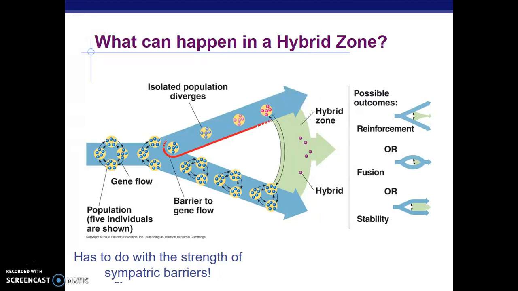That's because over the course of their separation, their genes, DNA, or chromosomes have become so different from each other that when they combine, they're unable to produce a healthy, viable offspring. So there could also be postzygotic barriers, which are also sympatric barriers, that prevent the two species from fusing and becoming one.